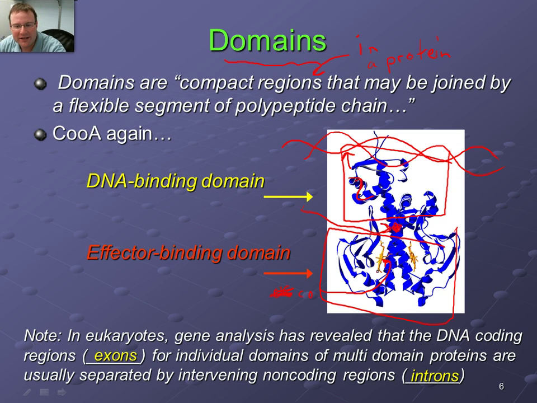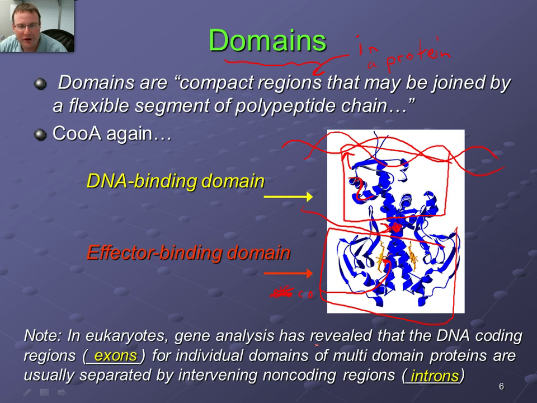So the domain idea is so important in eukaryotic systems that a lot of times when you're putting proteins together in eukaryotic systems, you actually have a coding region for each domain separately. And this is a topic we'll get into more when we get into DNA-related issues moving forward in the course.